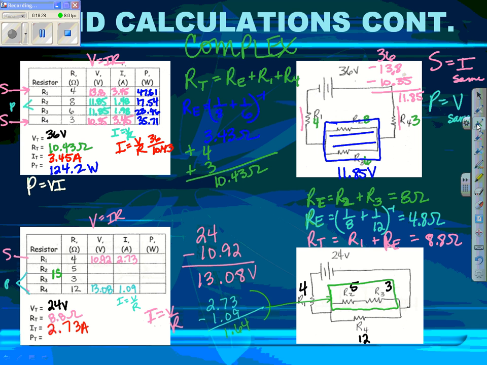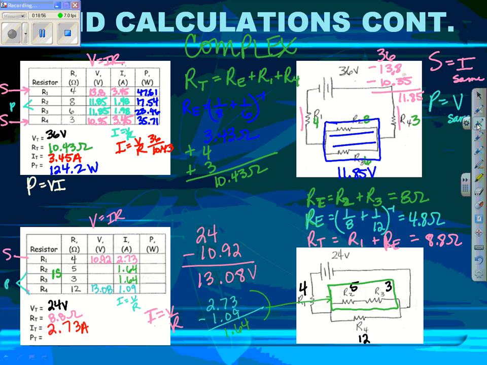So the amount of current that's in both of these is 1.64. All right. Because that number in green plus the number in blue equals my 2.73, and that's what it has to equal for the current of that part of the circuit.